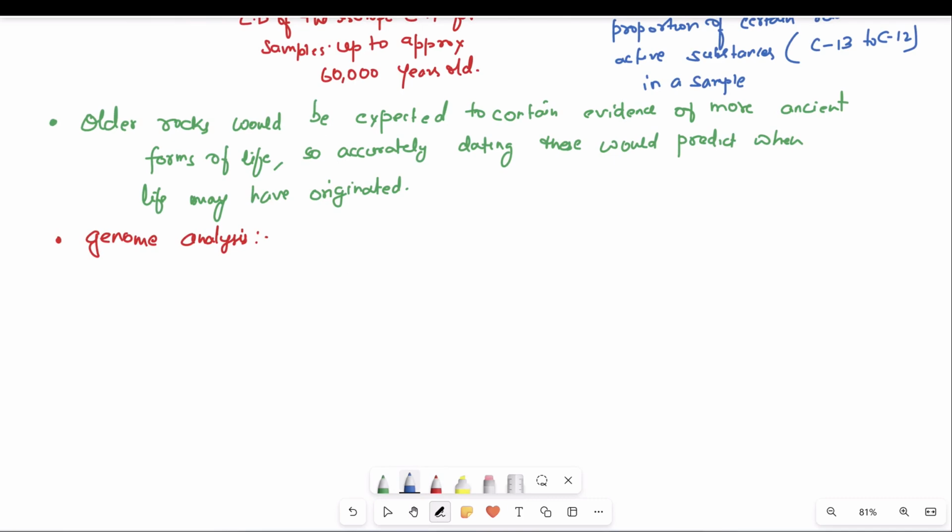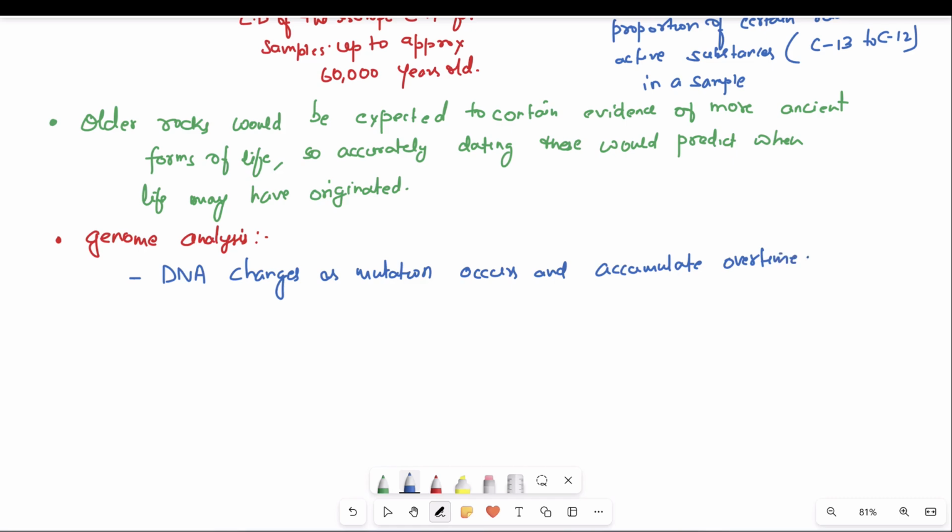Like DNA changes as mutation or accumulation of mutation over time, right? So DNA changes as mutation occurs and accumulates over time.